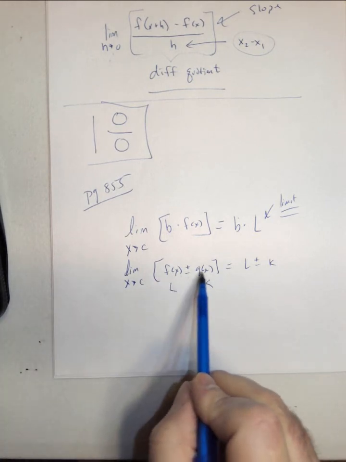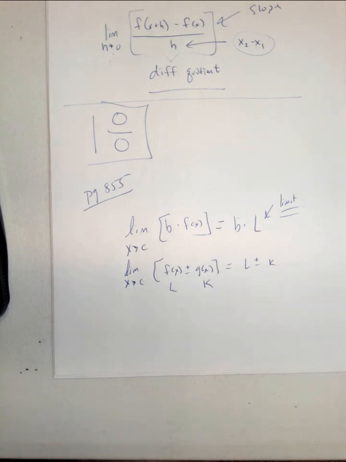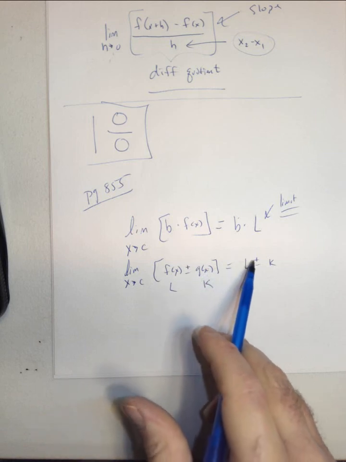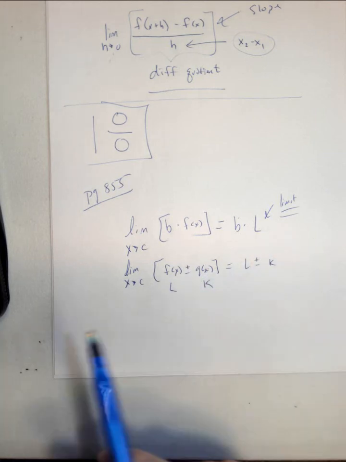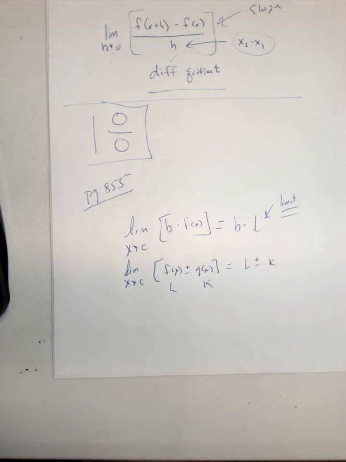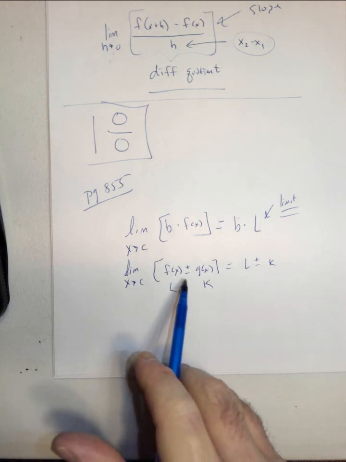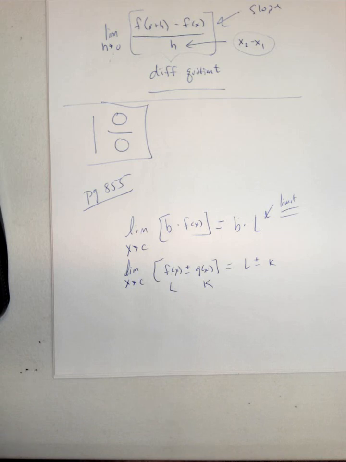So if we got two entirely different functions and we want to find the limit of the sum, the limit of the sum of the functions is equal to the sum of the limits. Or the limit of the difference of the functions is equal to the difference of the limits. Which again, if I can split these up because maybe they're just two entirely different functions, that's helpful, right? You can just find the two individual limits and either add them or subtract them depending on what it is you're doing.